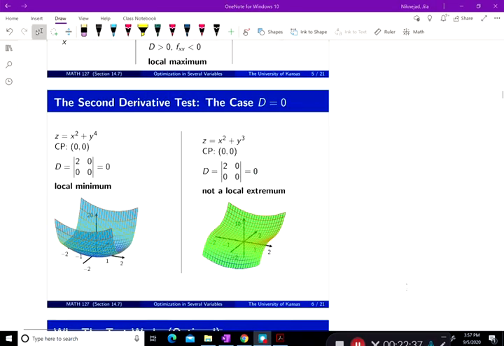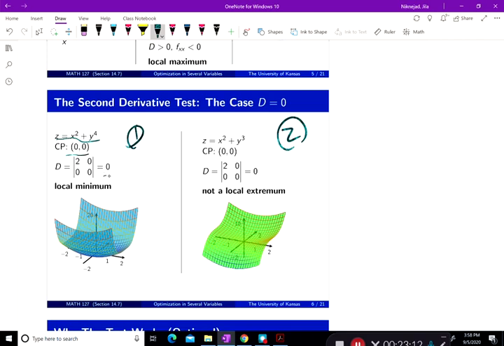Now, what happens when D is equal to 0? The second derivative test is inconclusive; we cannot say either way whether we have a local extremum at the point if D is equal to 0. Here are two examples. Example 1: if you compute z equal to x squared plus y to the power 4, then the critical point is 0, 0.